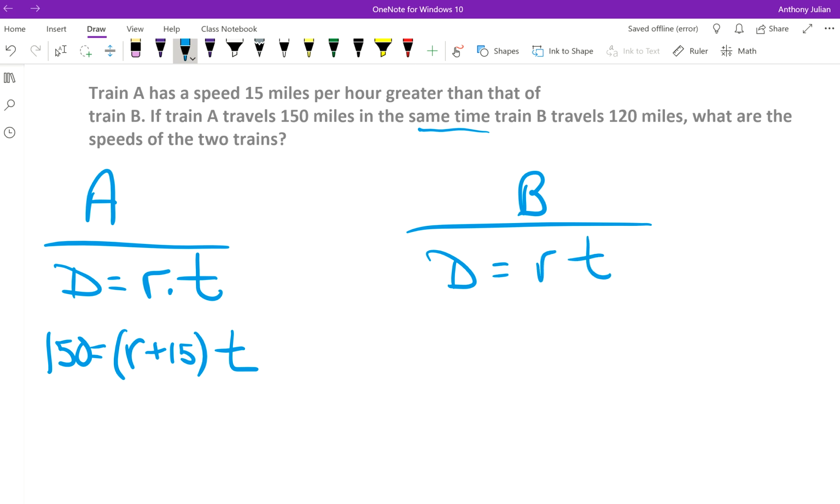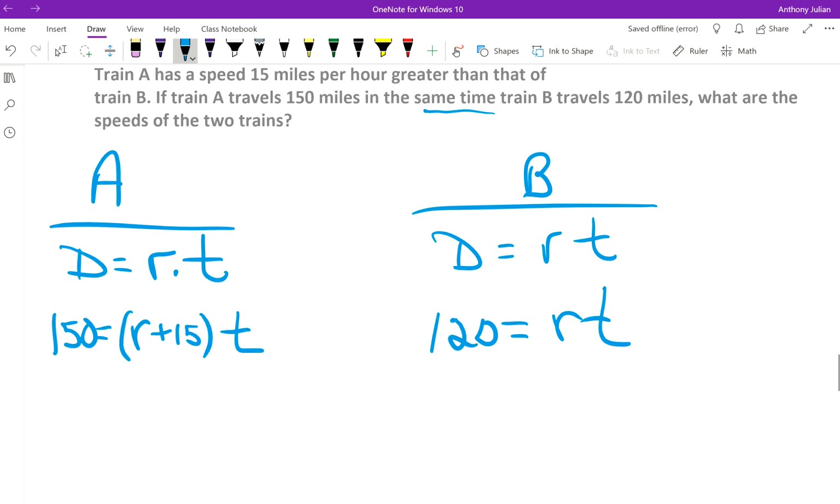So the distance here is 120 miles equals just the rate r. We don't know any other rate times time. Train A is the one that went 15 miles per hour faster than that of train B. So that determines that. All right, so let's solve both of these for t now. So here I'm going to divide by r plus 15.